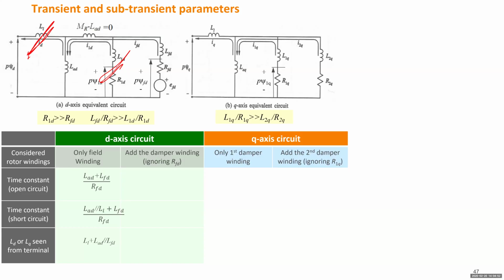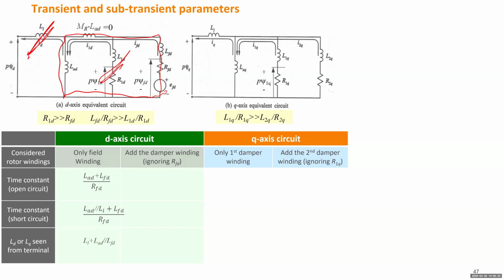We have this LR circuit with a source, with R and L being LAD plus LFD. So the total L will be LAD plus LFD, and the total R will be RFD. If we see the circuit finish this loop, that will be exactly the same as the RL circuit in the previous slide.